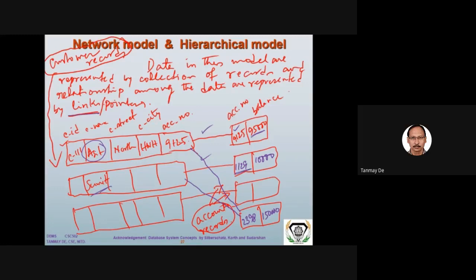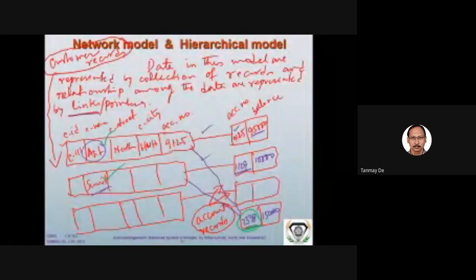But you can see here that account number 2398 is shared by two customers, Osit and Sumit. This is a joint account. Maybe they are business partners, or maybe family members. This account number 2398, where 1,50,000 rupees is the present balance, is jointly shared by customers Osit and Sumit.